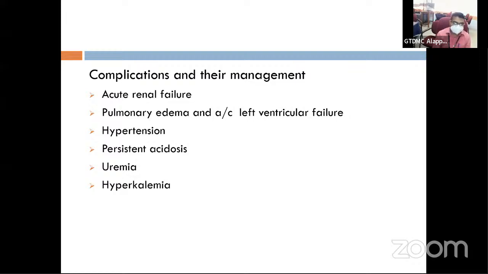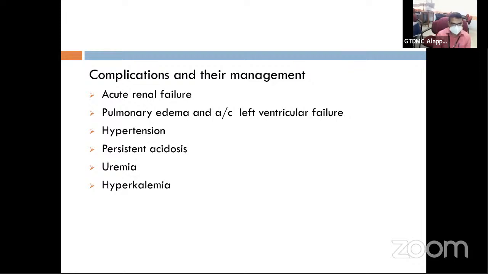Other antihypertensives like alpha methyldopa, hydralazine, beta blockers can also be used in management of hypertension. The common drug is nifedipine. And ACE inhibitors are not used for control of hypertension in PSGN.